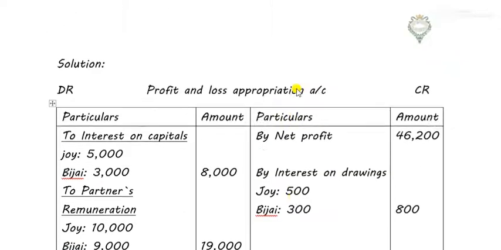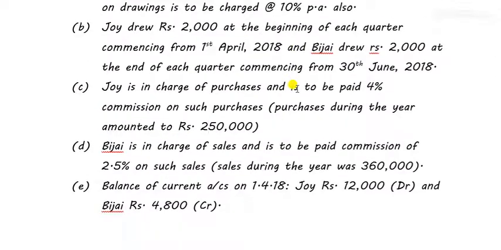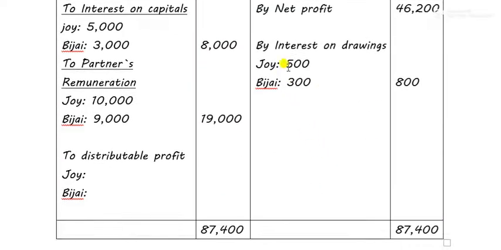Simple. Next, Bijoy: he also withdrew 2,000, but at the end of each quarter. So again, 2,000 into 4 into 10% into 4.5 divided by 12. 300 will be the result. Total it and it is 800.